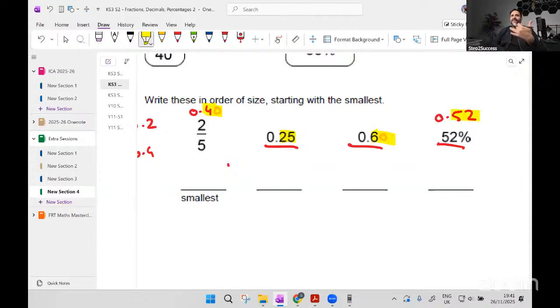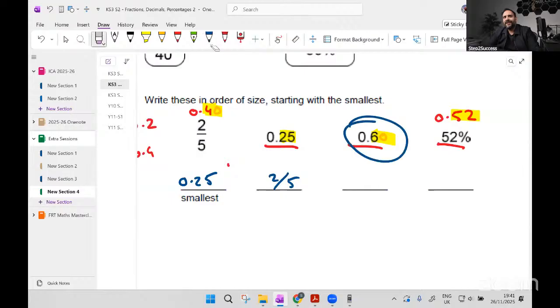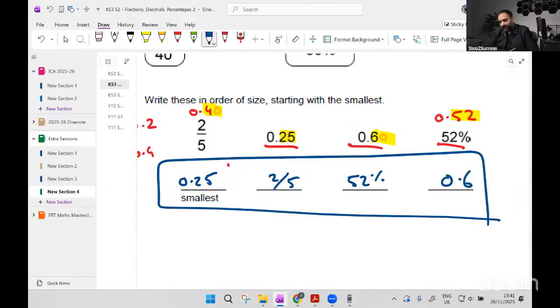So for example, 0.25 is the smallest out of 25, 40, 60, and 52. And so that is my smallest. The next smallest is the 40. So I'm going to put the fraction here, not the converted number. Then it's the 52, that's 52%. And then it's the 0.6. So that has put them in order from smallest to biggest.